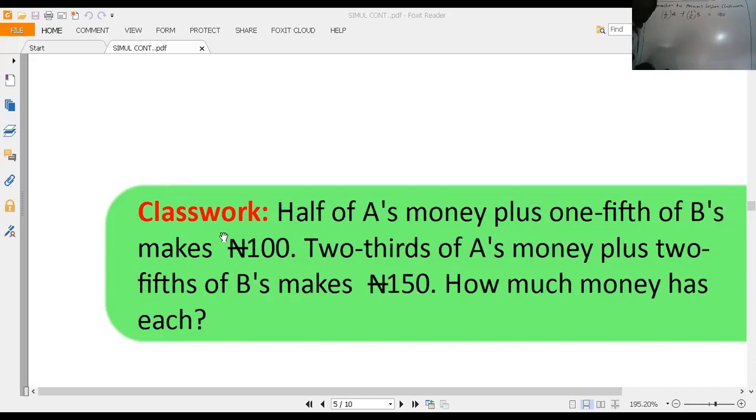You are writing, you should write down. This is the correction to the last class work that I gave you as assignment, so I want to do the correction before I move to today's topic.